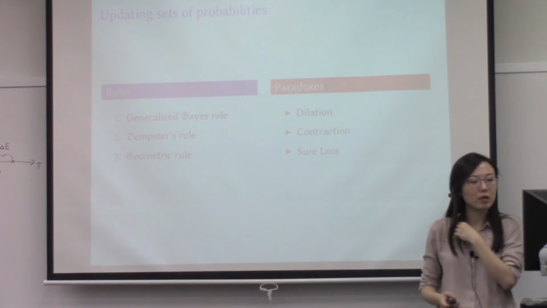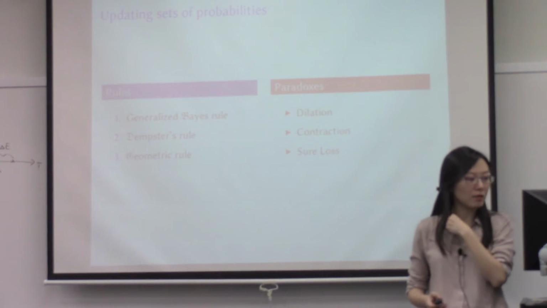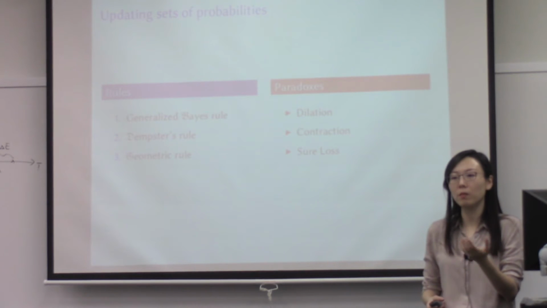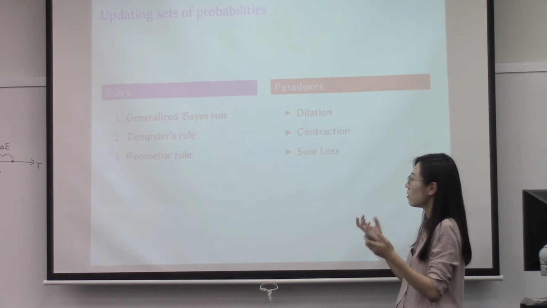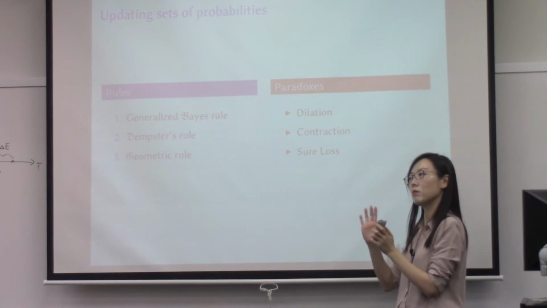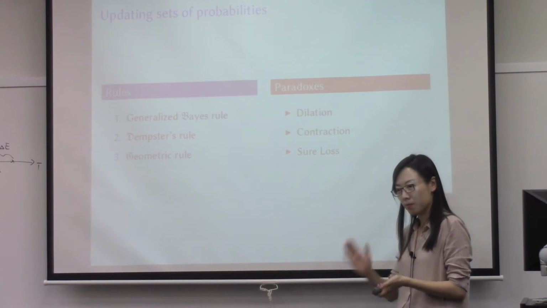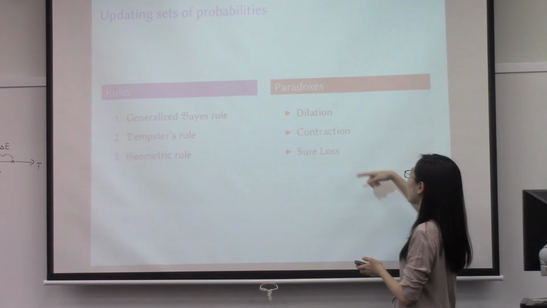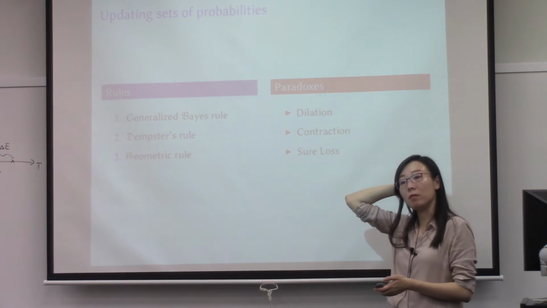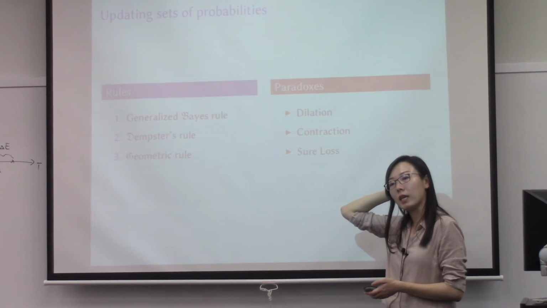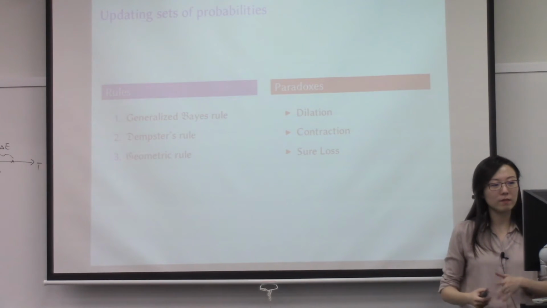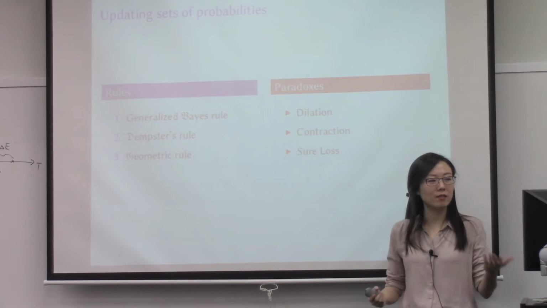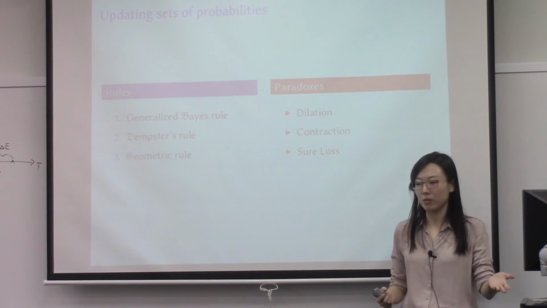And what I would like to present to you today is a contrast of 3 rules. There are more, but these are all very well motivated from some kind of an angle, and also in the kind of paradoxes that they might engage in. And the take-home message is that I guess this is a problem that has not been resolved.